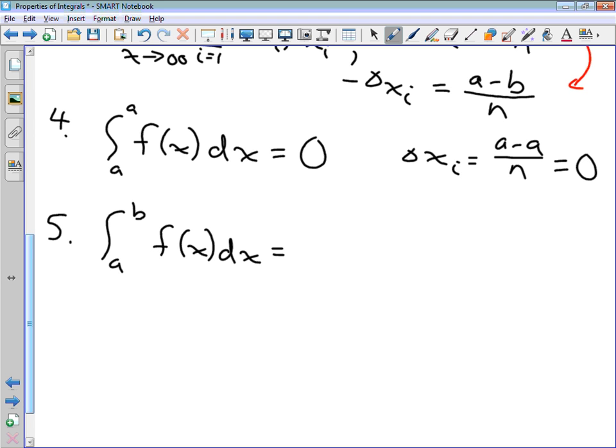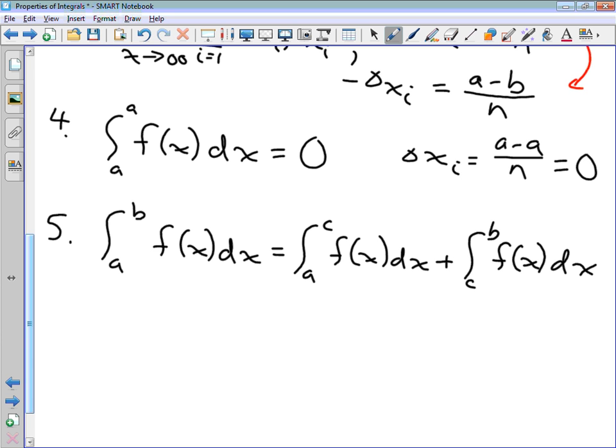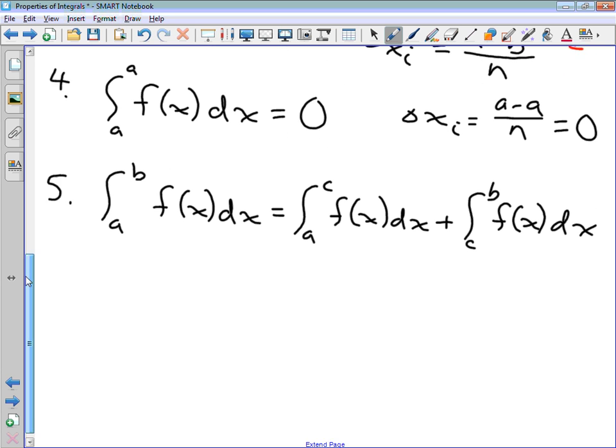Let's say there's a point c somewhere between a and b. We can do the integral from a to c of f(x) dx and add it to the integral from c to b of f(x) dx. So we can break a large integral into two smaller integrals.